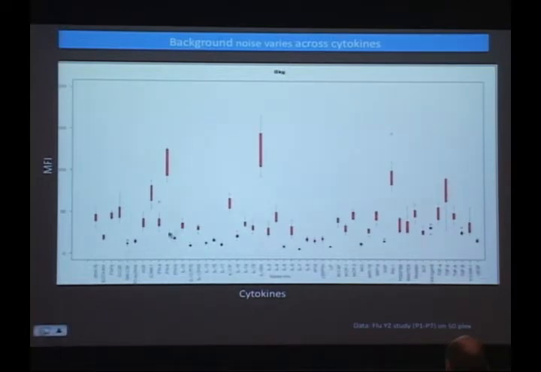On the y-axis are the MFIs, the median fluorescent intensity, which is the unit of measurement. You can see that the background varies a lot; it is not similar for all the cytokines. Some cytokines show a higher background, for some reason, perhaps some kind of cross reaction, or the background estimates are not so consistent.